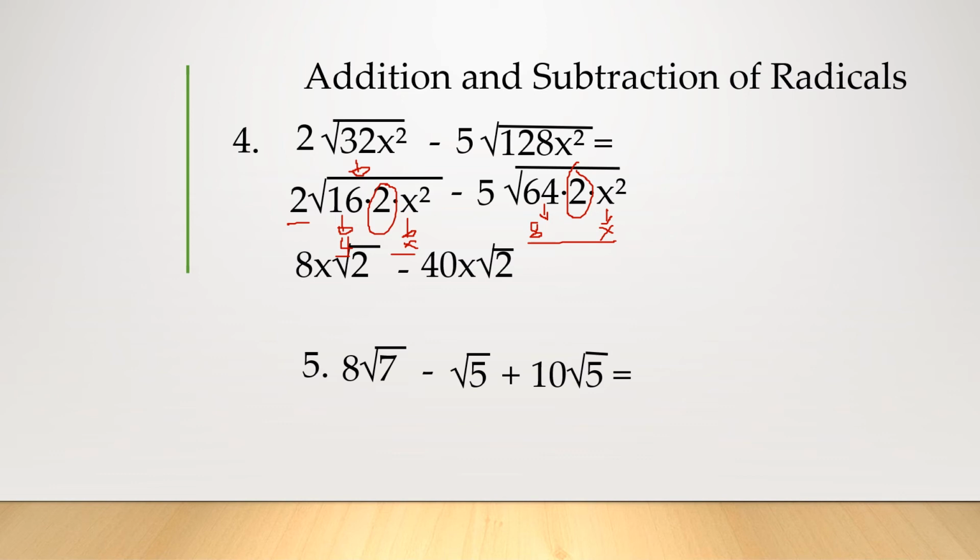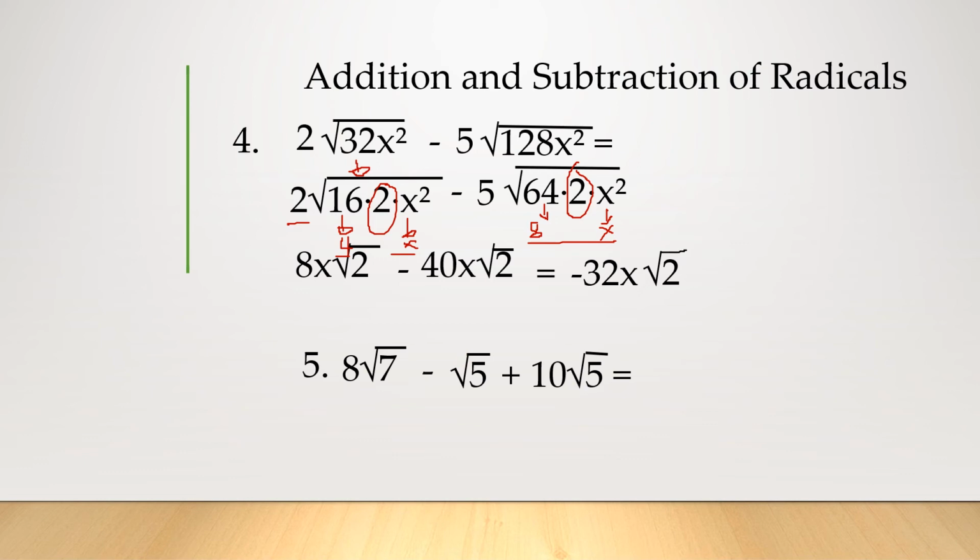So now, I have the same radicand here. So square root of 2 and square root of 2. Therefore, I can simply subtract 8x minus 40x, that is equal to negative 32x, and copy square root of 2. That's the final answer for this item.